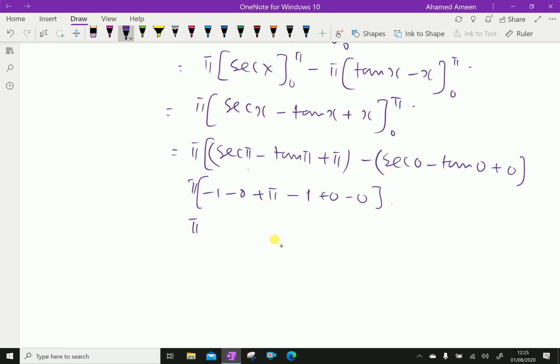So we have pi into pi minus 2 equal to 2I.